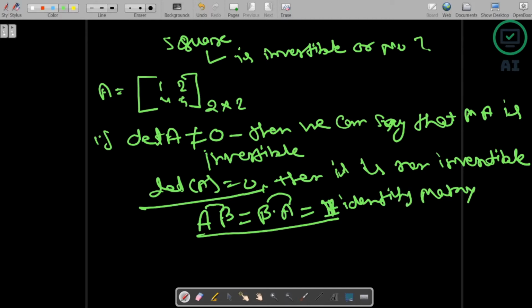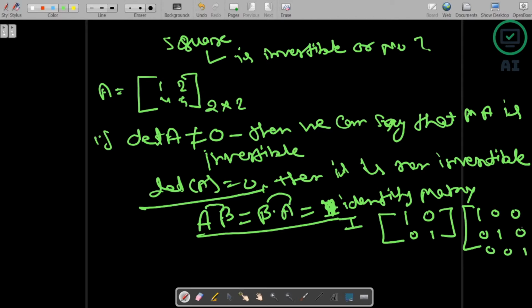This is the identity matrix, I. The identity matrix for 2 cross 2 is 1 0 0 1. For 3 by 3 it is 1 0 0, 0 1 0, 0 0 1. So the principal diagonal elements will be 1 and the others would be 0. And we denote the inverse like this: A inverse, B inverse.